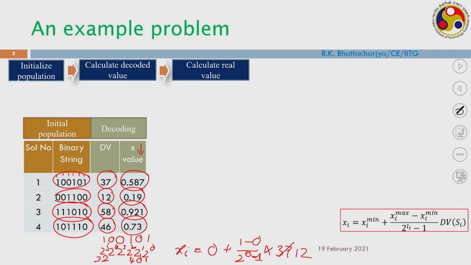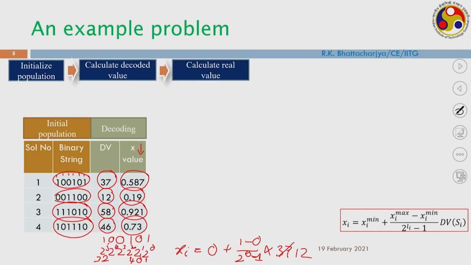So, I can generate the 4 solutions between 0 and 1, and then using this mapping equation, I can find out the decoded value, and once you get the decoded value, you can find out the corresponding binary string.